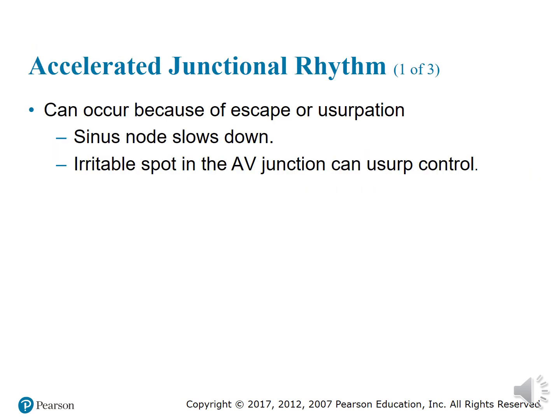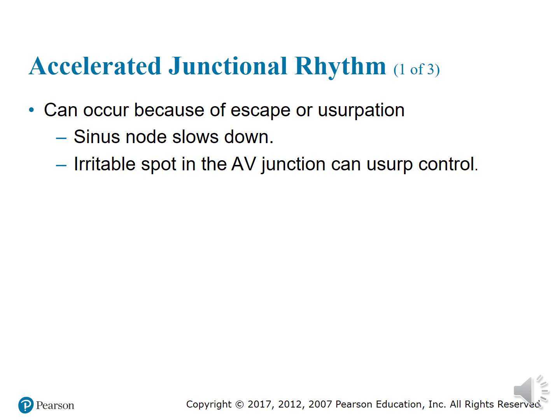The next rhythm we'll talk about is the accelerated junctional rhythm. This rhythm also originates in the AV junctional tissue, producing a retrograde depolarization of the atrial tissue, and at the same time stimulates the depolarization of the ventricles.